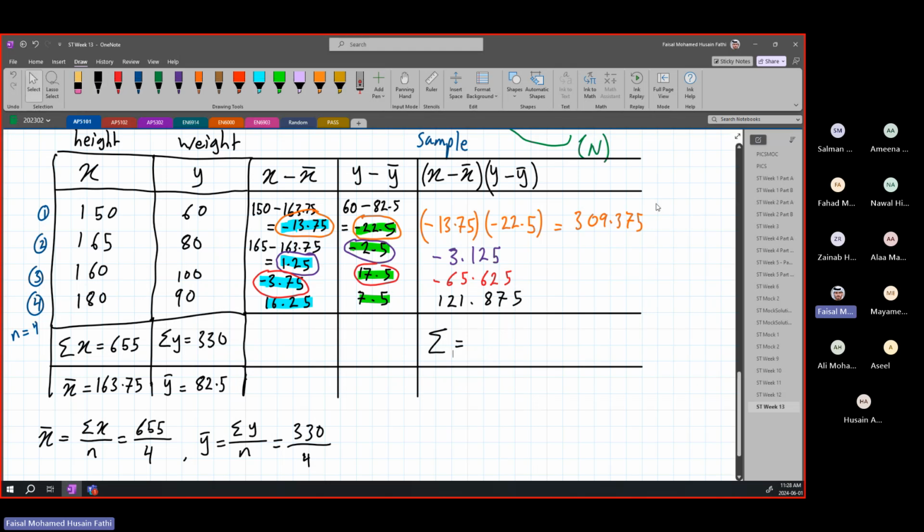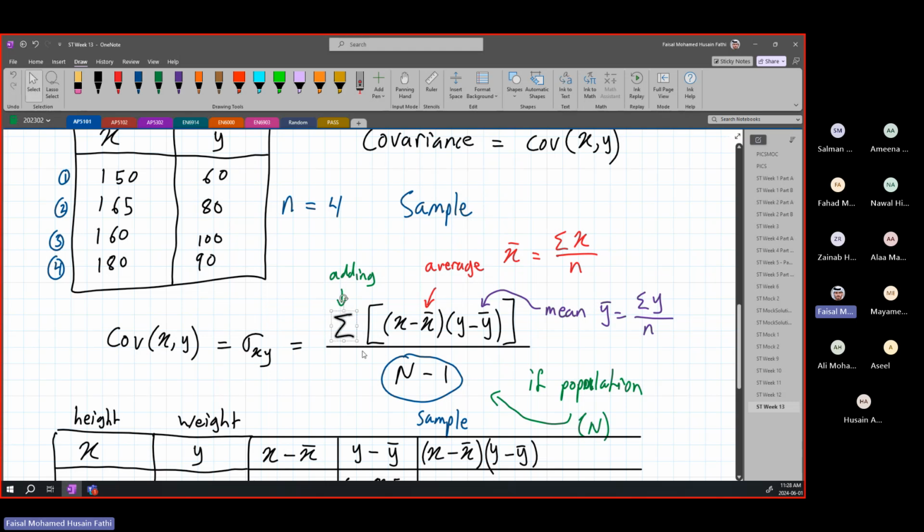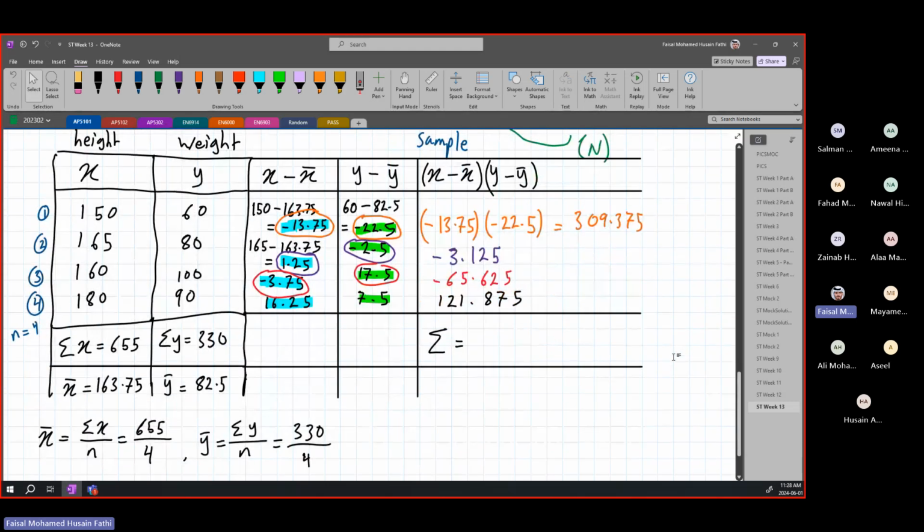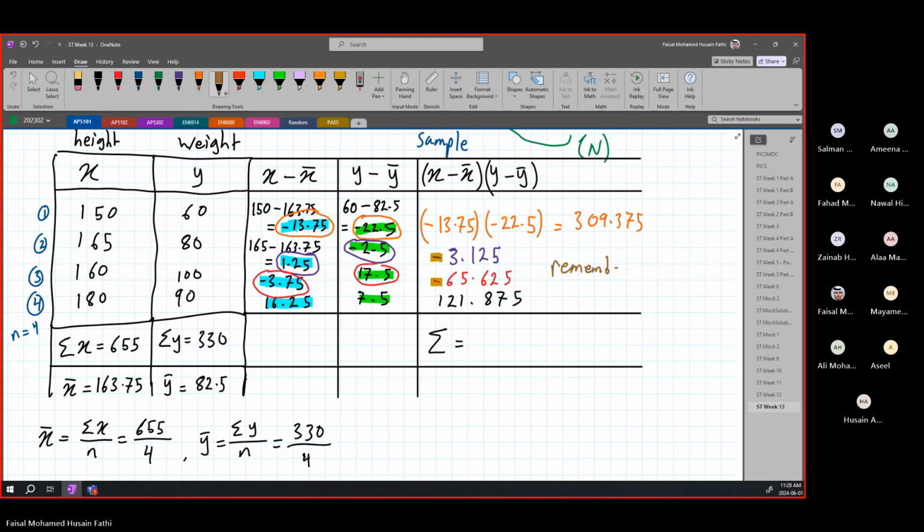And now we are going to find the sum of all of this. So we're basically adding all these values together because this is what the equation wants. Remember, when we have the summation, this basically means we are adding. We are going to just add all the values that we found. So 309.375. Remember the signs, all right? Do not remove the signs.